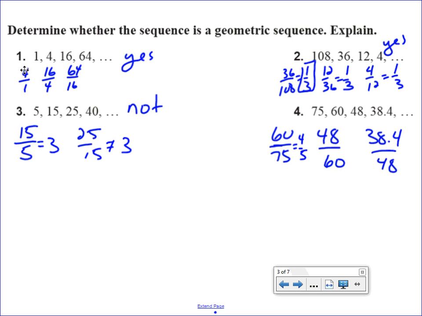Okay, if I take 48 divided by 60, that does give us 4/5 again. And 38.4 divided by 48, again, that gives us 4/5 or 0.8. So yes, in this case, this is geometric because, again, we have that common ratio.